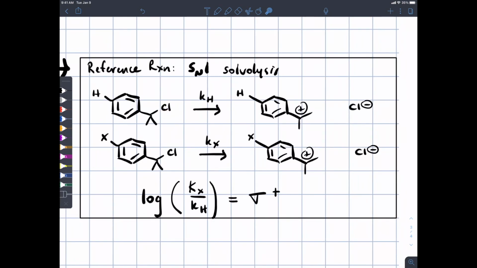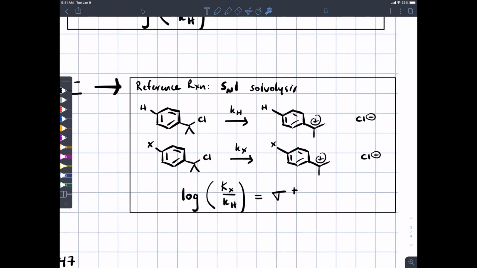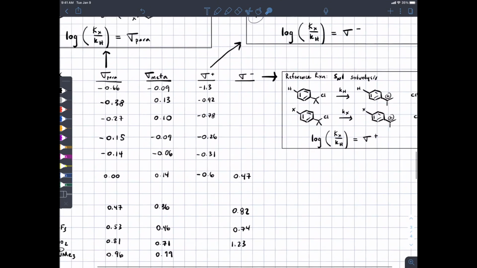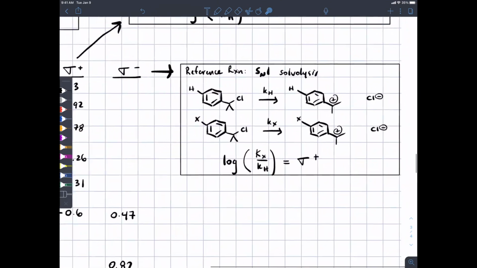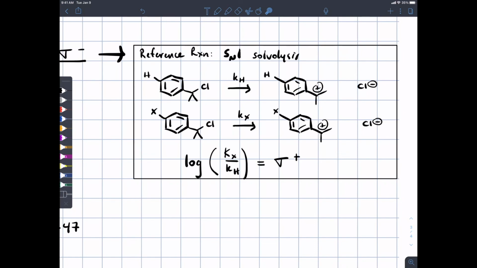Here, you're doing the SN1 reaction, leaving groups leaving, positive charge is on this benzyl carbon that's adjacent to the ring, such that electron donating substituents at this para position could directly stabilize that positive charge. And so here there's a little bit of a switch in order to keep the sign convention similar.